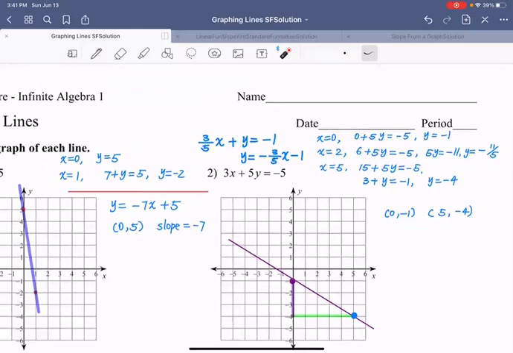So x equals 0, so it would become 0 plus 5y equals negative 5, so y equals negative 1. What's the reason I don't want to use this point?